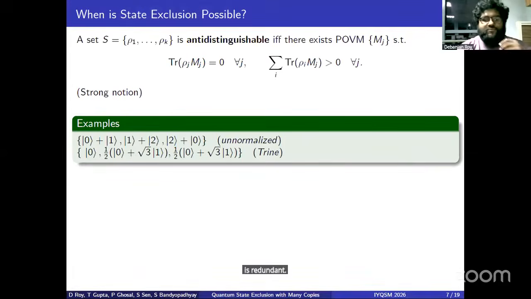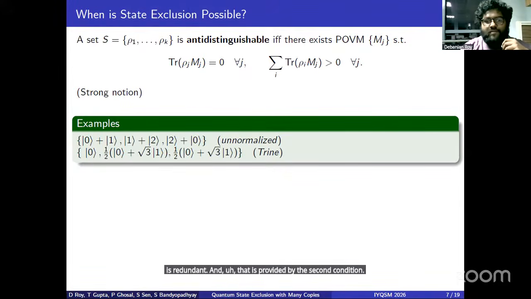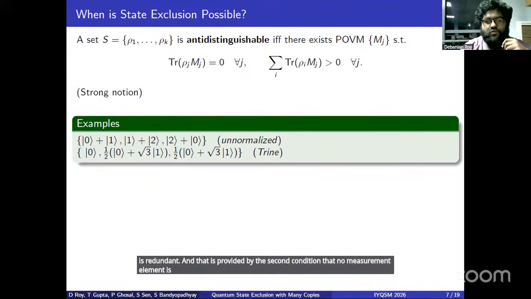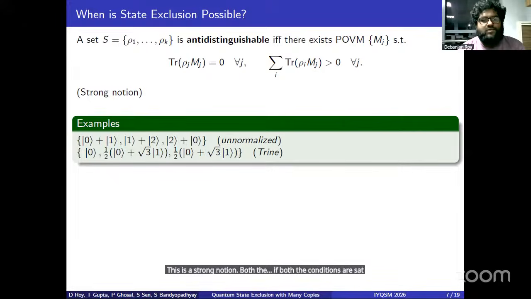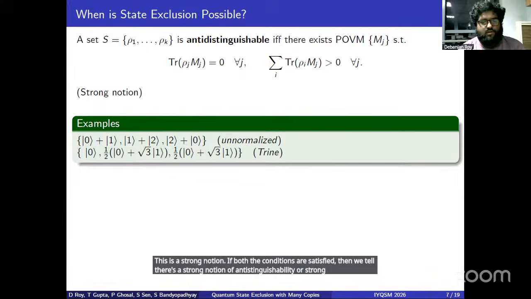That is provided by the second condition, that no measurement element is redundant, given by the sum over i of trace of rho i Mj greater than or equal to 0 for all j. This is a strong notion. If both the conditions are satisfied, then we say this is a strong notion of anti-distinguishability or strong state exclusion.